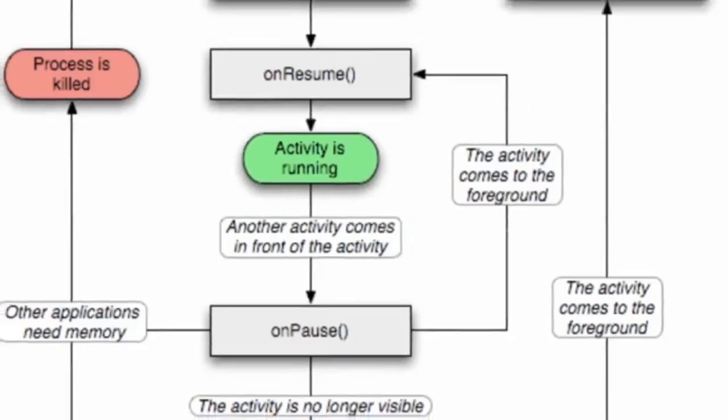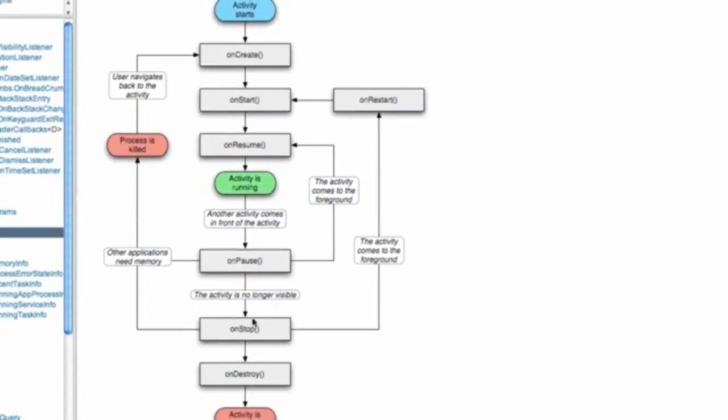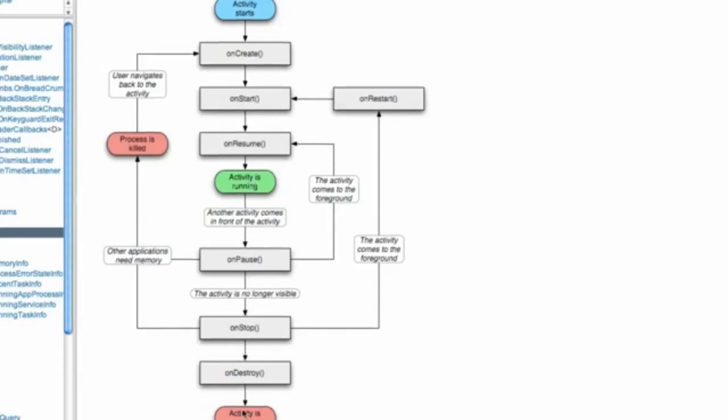So the only method from our activity class that we are familiar with is this onCreate method. But we're going to use some of these other methods as well. What I want to show you guys is that we're going to use this onCreate method, but the only other two methods that are really important for the most part are this onPause method and this onResume method, because even if our activity gets destroyed, it's going to go through this onPause method before it goes through these other methods as well.